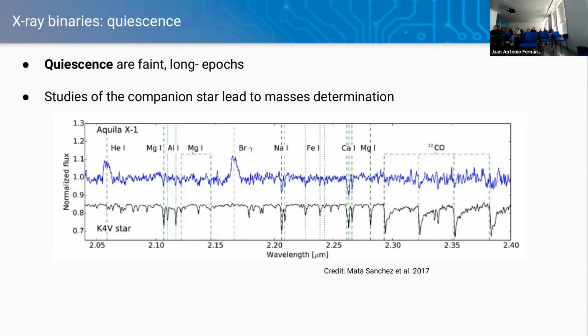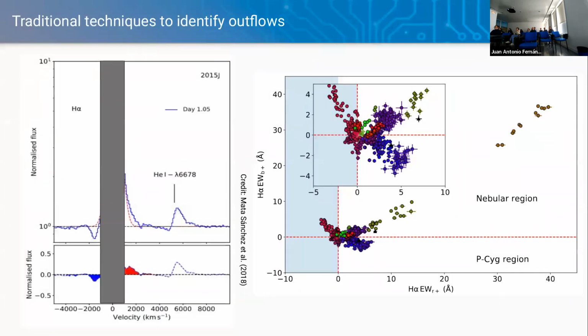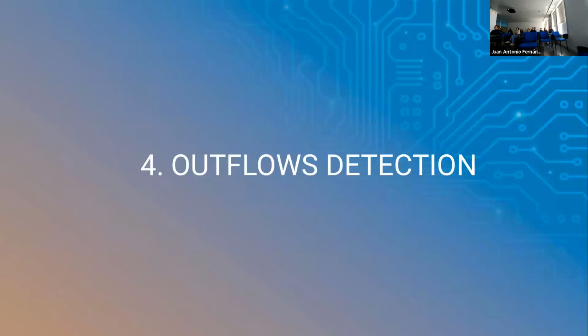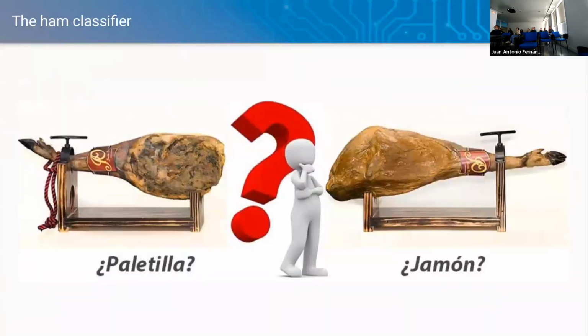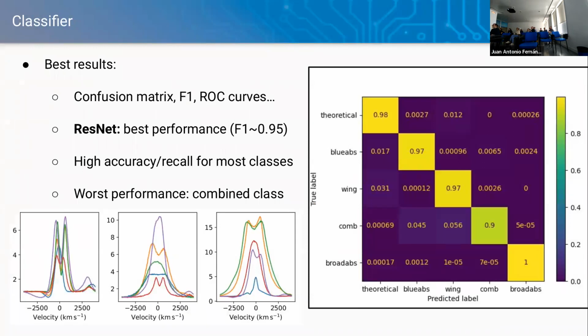I have a question for you and for André. Do you think it would be useful? Can you show the confusion matrix? It could be useful to use Bayesian networks to take into account those mixed classes. It's not the ham one, because the ham one is not overlapping.